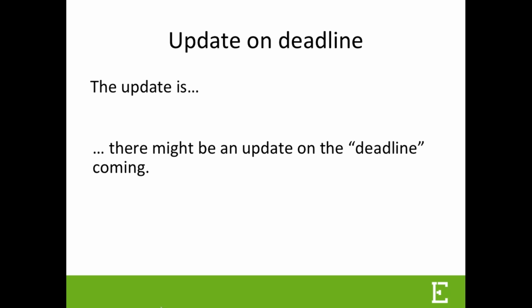And we know that there is at least an intent to come out with something definitive on this soon. So the update is there's an update possibly coming. I know that's not much of an update, but we just wanted to pass that on since we had communicated December, and we won't do that again.